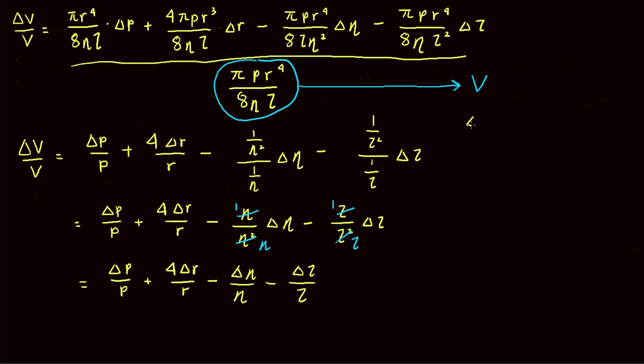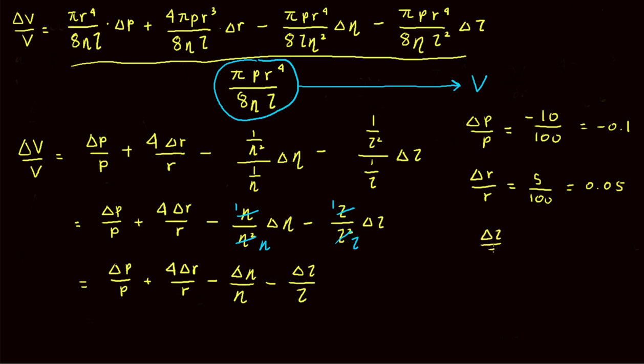If you recall correctly, delta P over P, as we discussed earlier, is negative 10 over 100, so it becomes negative 0.1. Delta R over R is positive, since it's increasing by 5%, so it's 5 over 100, so 0.05.